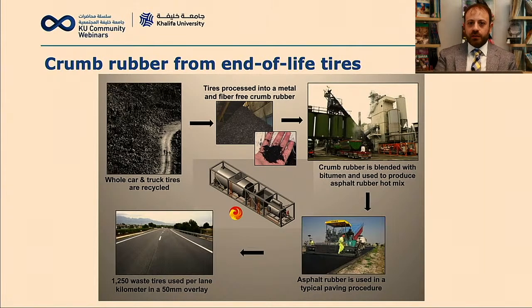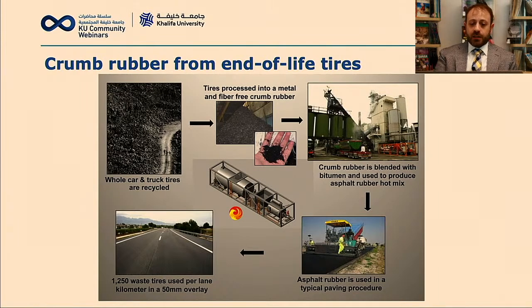Another way to do it is just to put the rubber as substitution of the aggregates. So we can substitute a natural resource, the aggregates rock, with crumb rubber. And then we go on site and we pave our roads with this rubberized mixture.